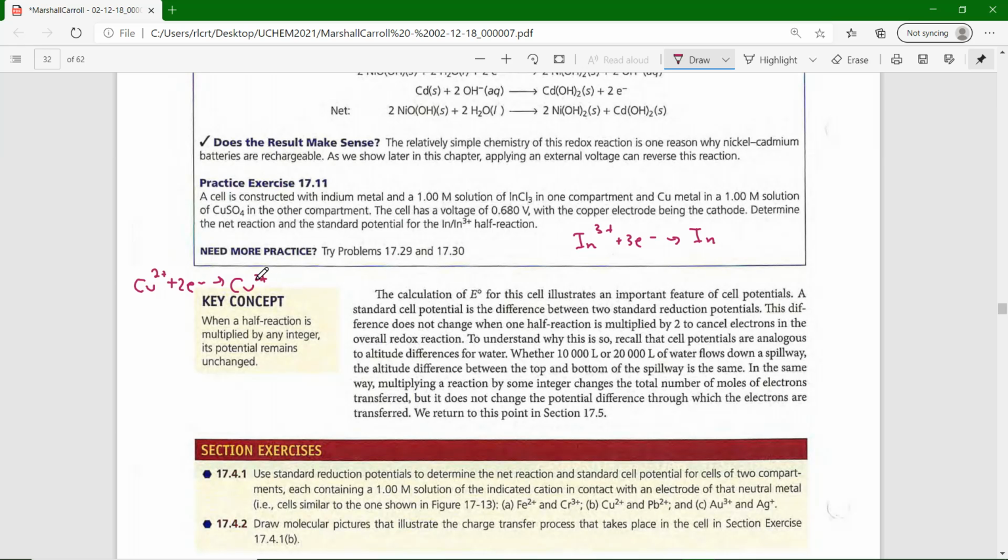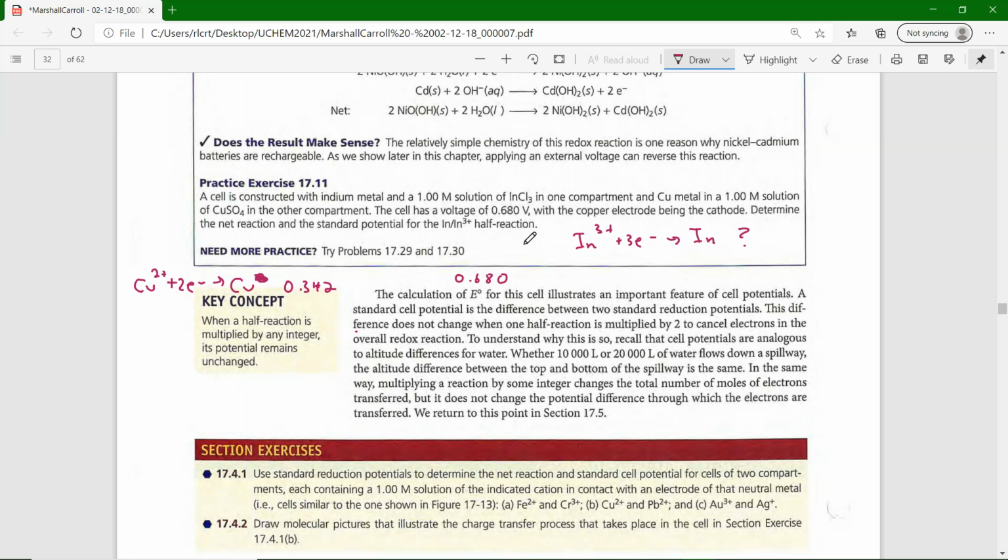Cu2+ plus 2 electrons goes to Cu. That's the tabulated value. That is 0.342. The indium, I don't know what the value is. I do know that, however, the cell voltage is 0.680.